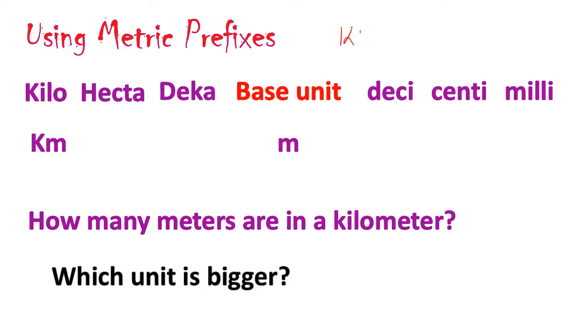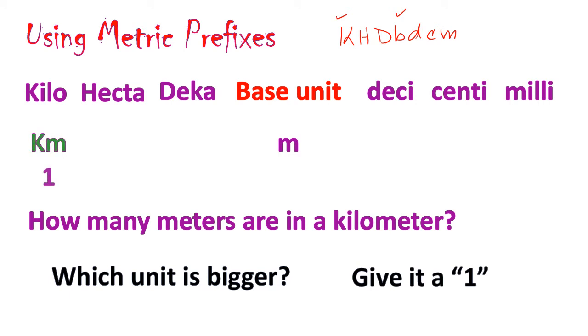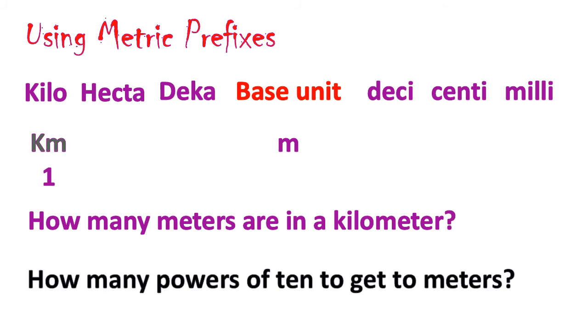Well, if we've written King Henry died by drinking chocolate milk, we know we're at the base, we're going to the kilo. So which of these units is bigger, the kilo or the base? Yes, the kilo is bigger. So that one, we're going to assign it a number 1. Then your biggest question to answer is, well, how many powers of 10 to get to the meters?